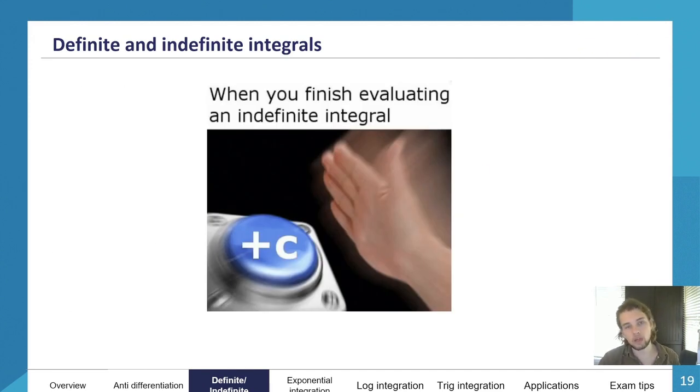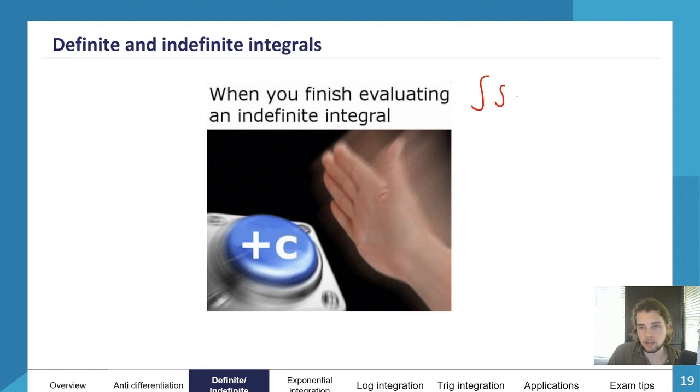Now, this is very important. Don't forget to add the plus C. I know that's a big problem that I had during my time in grade 12. I would very consistently forget to add that plus C, which is extremely important, obviously. Otherwise, you're missing a value, especially when you start doing multiple layers of integrating, because you can have to do the integration of the integration.